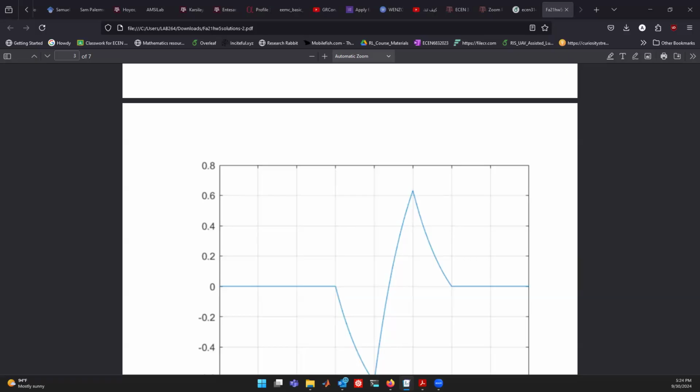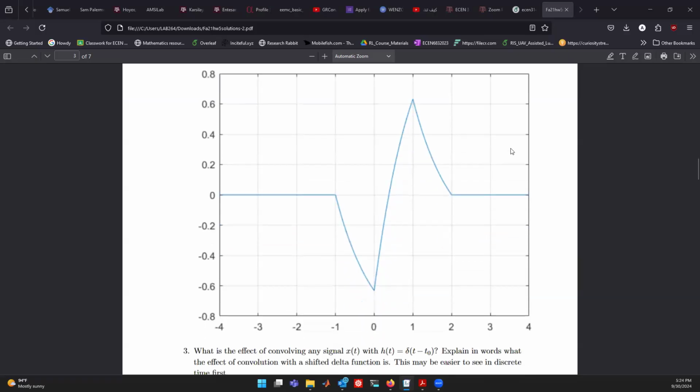When t equals 0, this will be minus 2. Plus 1, it will be minus 1 plus some small constant. So we start from this point, and negative exponential minus t, so it's a growing exponential.